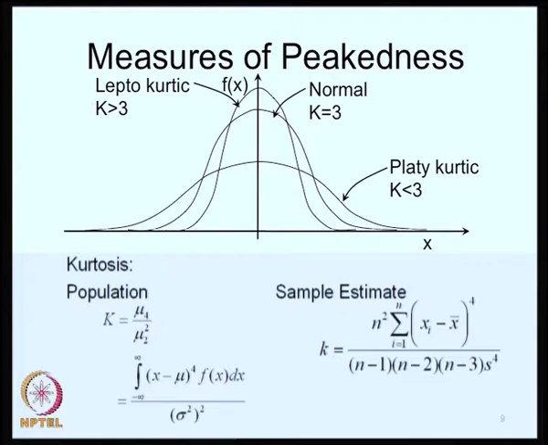So, together these measures, namely the measure of central tendency, measures of dispersion, the measure of skewness or the measure of symmetry, which is given by the coefficient of skewness, and the measure of peakedness, together all of these will give us an idea of how the distribution is likely to be.